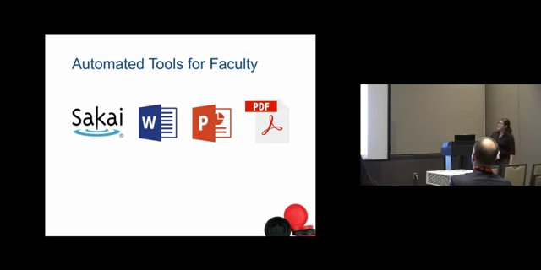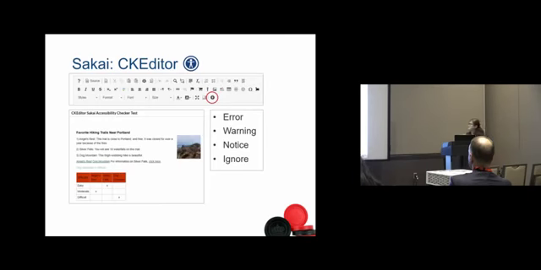So today we're going to look at 4 tools that we use and that are really, really helpful for our faculty. Sakai, looking at the learning management system checking tool itself, and then 3 documents, Word, PowerPoint, PDF, which are really, really common. So here first is the CKEditor in Sakai.